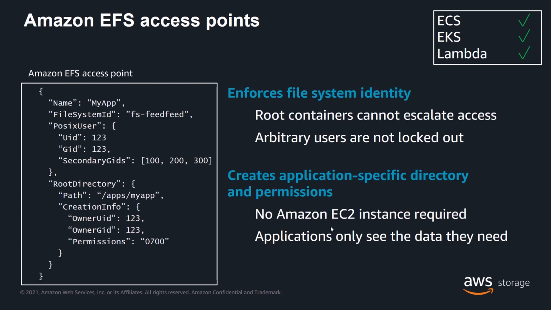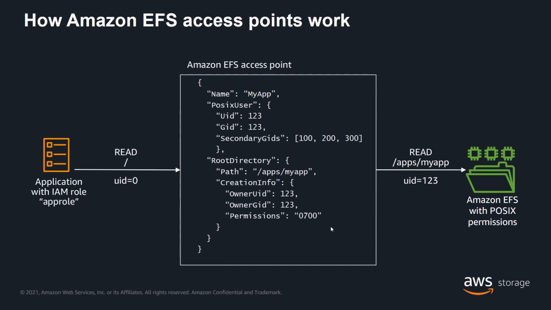So how do Amazon EFS access points actually work? In this example that you see on your screen, you've deployed a container with a task role called app role. In your file system resource policy, you've stated that this role is only allowed to mount your file system via a specific access point, and that's the access point that it uses to mount. Now this app has been built to run as root. So ordinarily, all its operations would be interpreted as root on the file system, which isn't always the best idea, right?